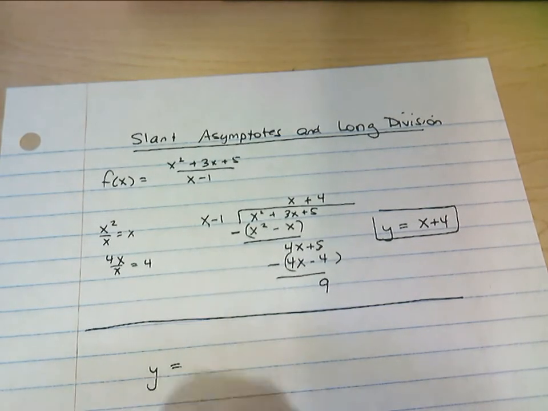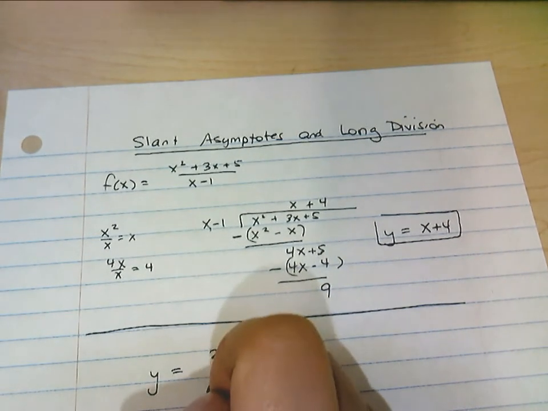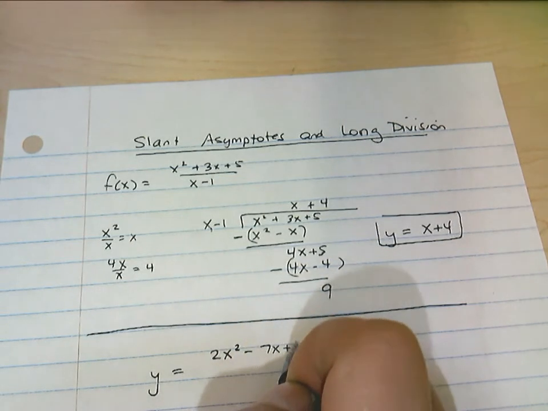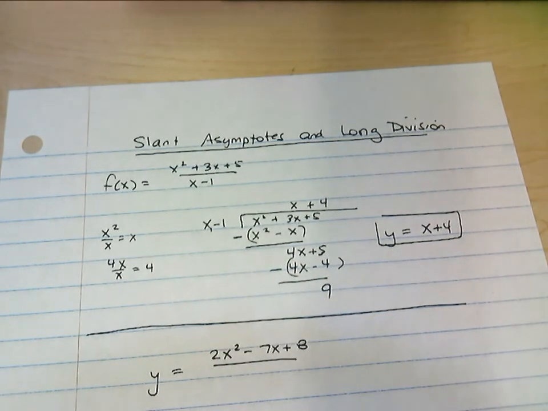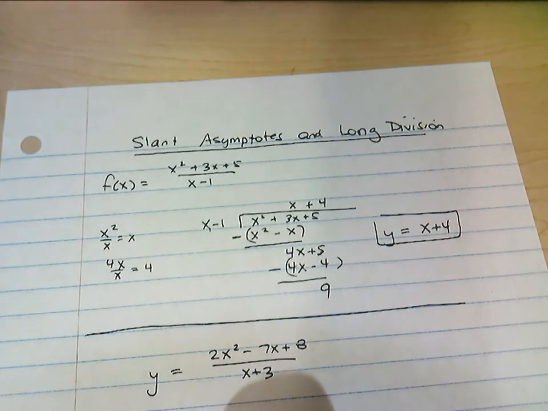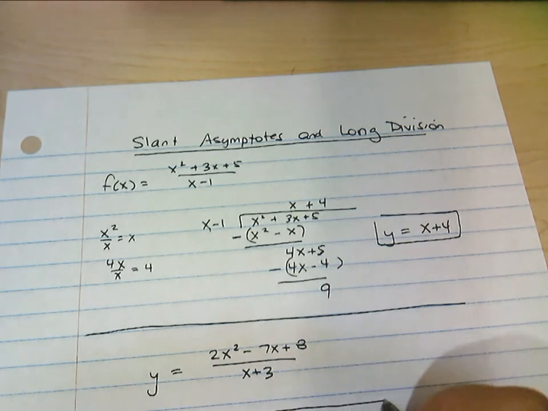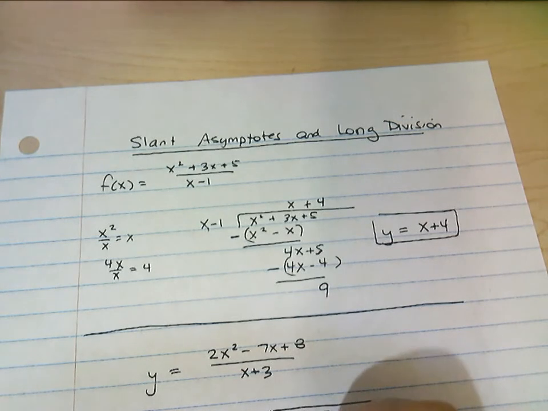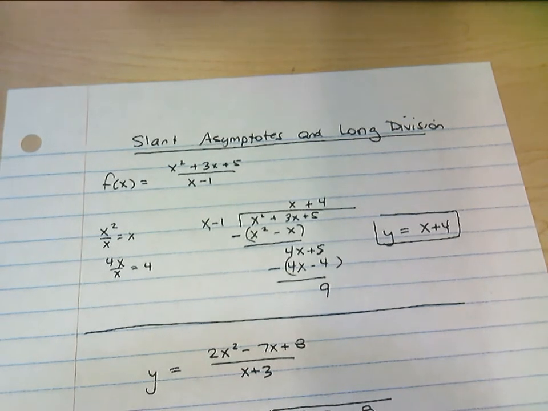If I had a function 2x squared minus 7x plus 8 divided by x plus 3, x plus 3 becomes my divisor. 2x squared minus 7x plus 8 is my dividend.